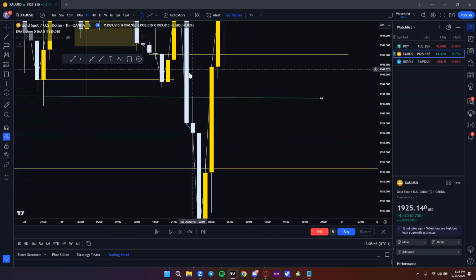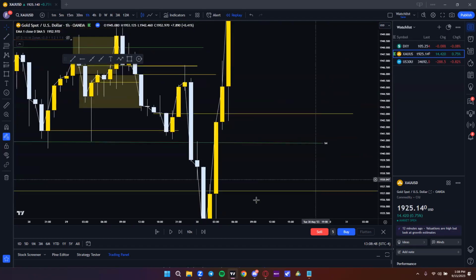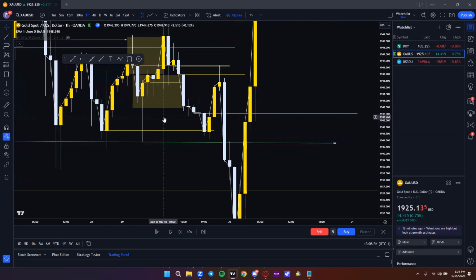So it sold down and broke, came back up, what we want to see is that this level again also has significance. It becomes a decisional level and it was broken.